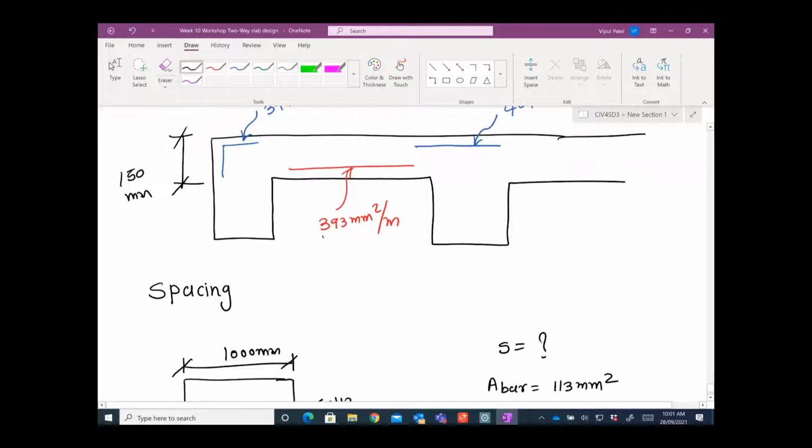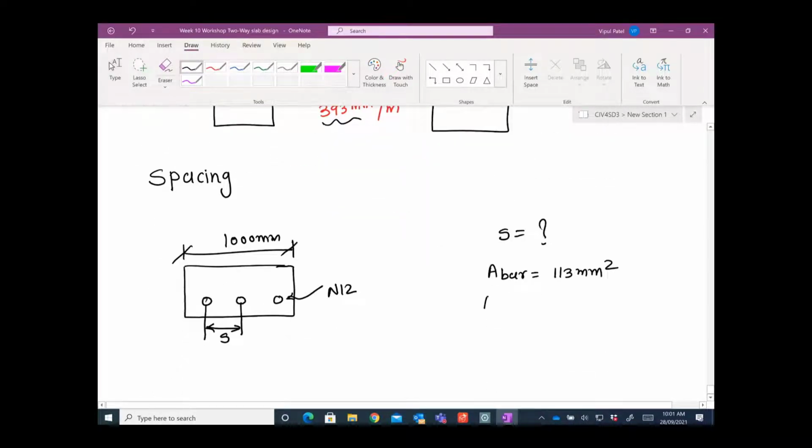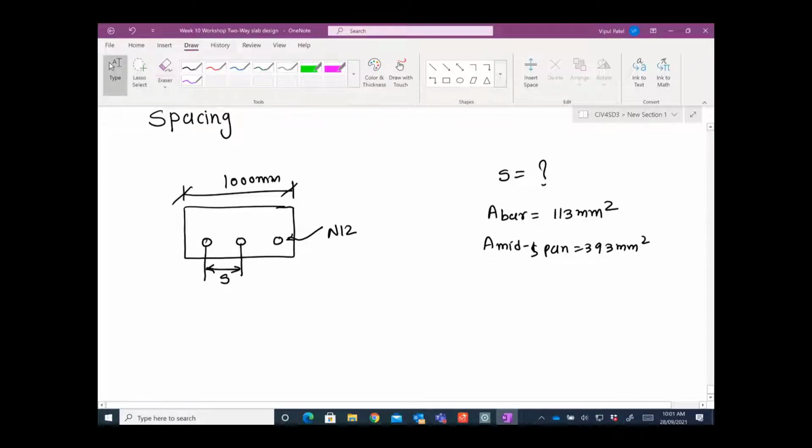So the area of 1 N12 bar is 113 millimeter square. Let's say we want to calculate for 393. So the area at the midspan is 393 millimeter square. Easy here, we can take the ratio. The spacing of 1 bar, with area of 1 bar 113, over the total spacing of 1000 millimeters, over the total area 393 millimeters square.